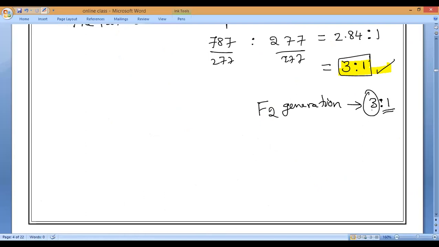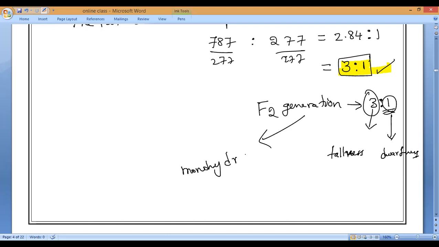As we know, the 3 indicates a dominant trait. That is what, guys? Tallness. And the 1 is dwarfness, which indicates a recessive trait. So that is what you have to remember. And this ratio is called the monohybrid ratio. Please all of you remember.